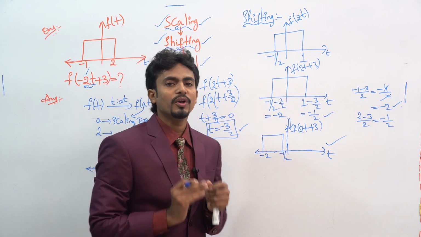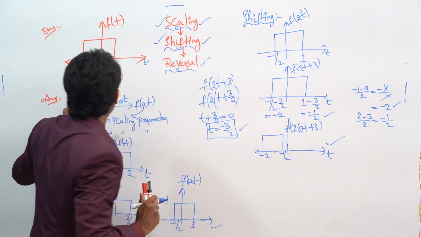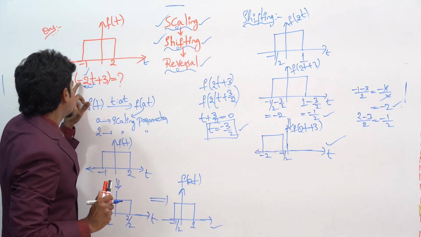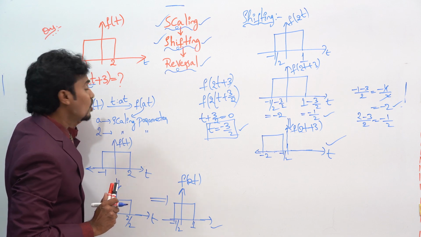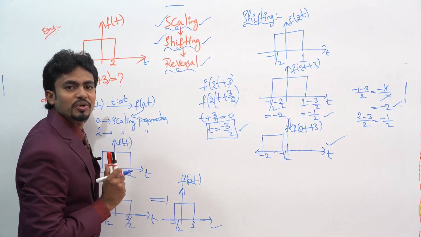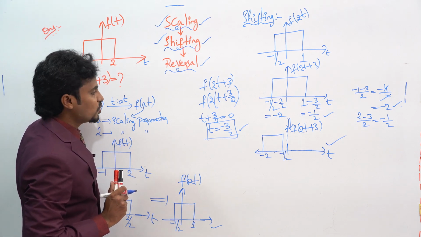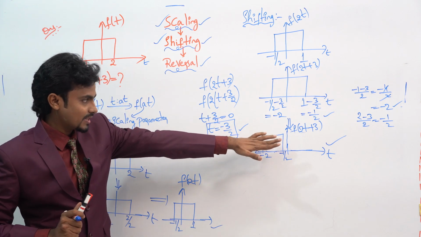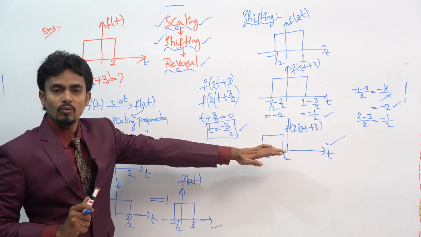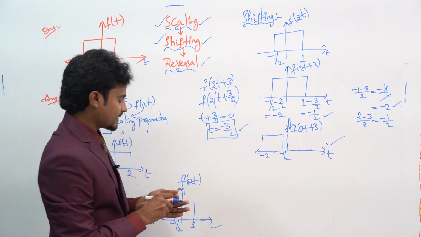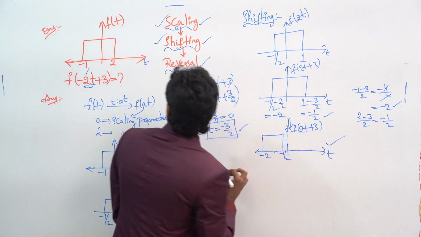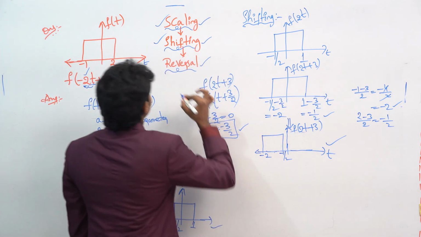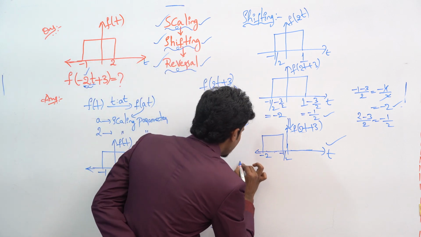When you see the minus symbol here, what do you have to do? You have to do the reversal operation. Whenever you do the reversal operation for this f of 2t plus 3, what will you get? Let's see. Next is the reversal.